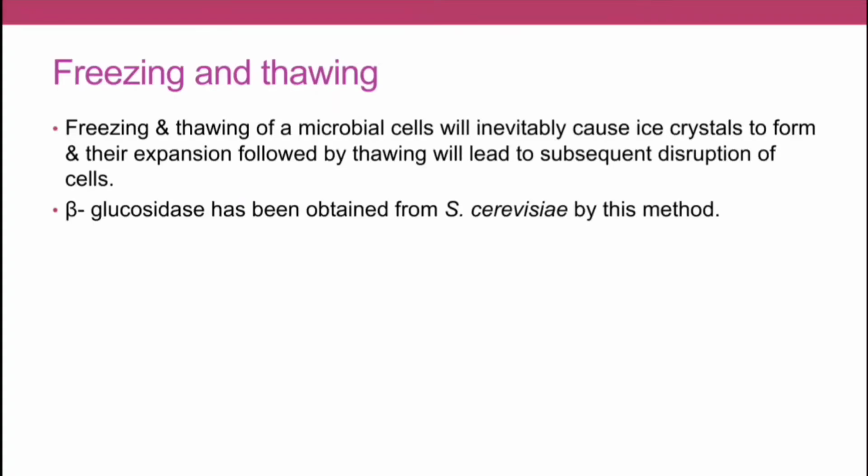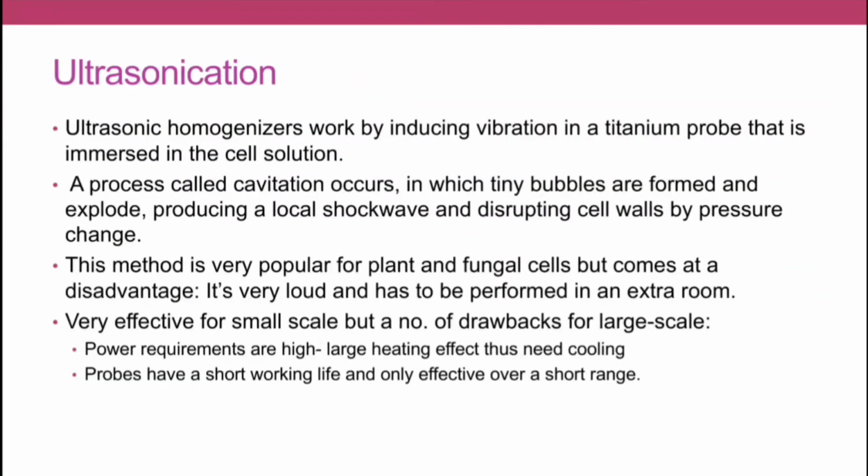Freezing and thawing of microbial cells will inevitably cause ice crystals to form, and their expansion followed by thawing will lead to disruption of the cell. Beta glucosidase has been obtained from Saccharomyces cerevisiae by this freezing and thawing method.